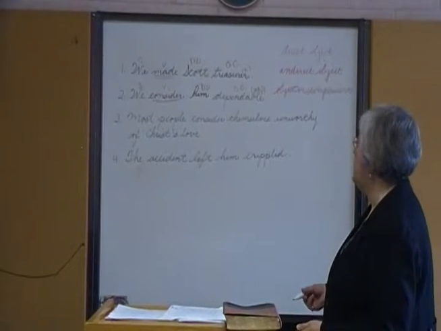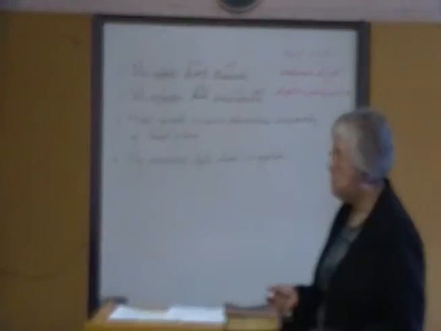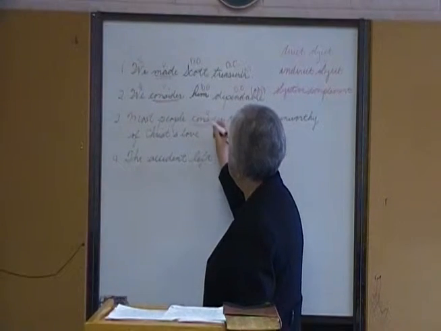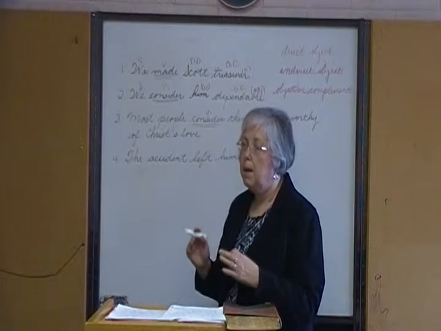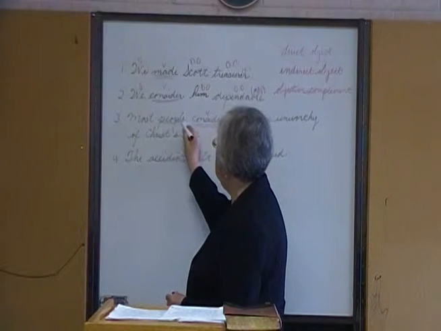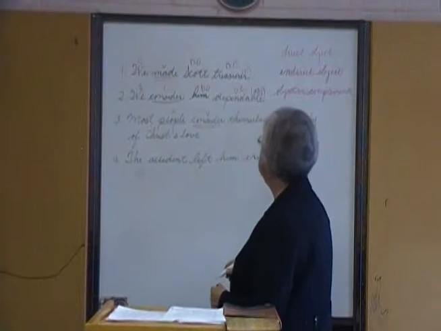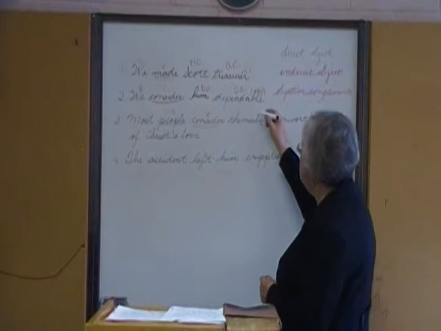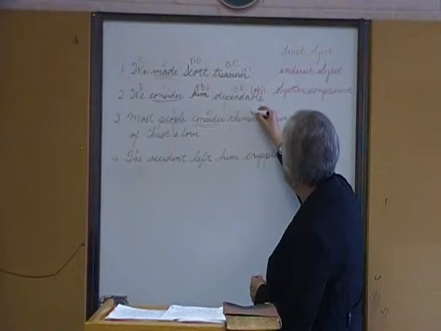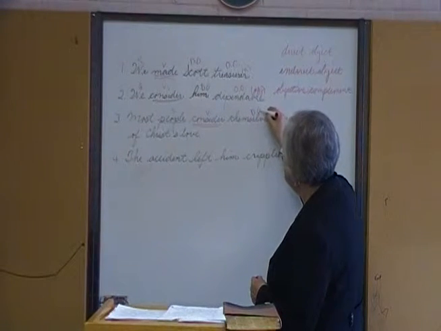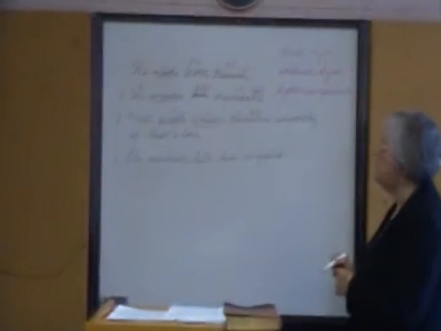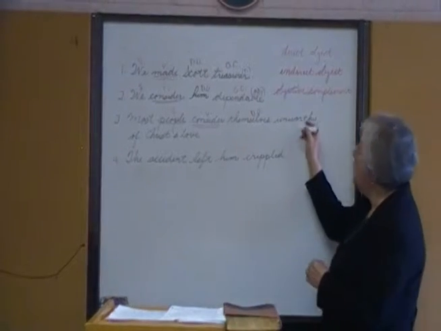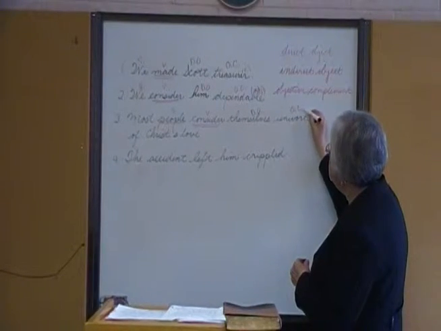Most people consider themselves unworthy of Christ's love. Action verb, consider. Who or what consider? People. That's the subject. Consider whom or what? Themselves. It's the direct object. Now, consider themselves to be unworthy. Unworthy is the objective complement.